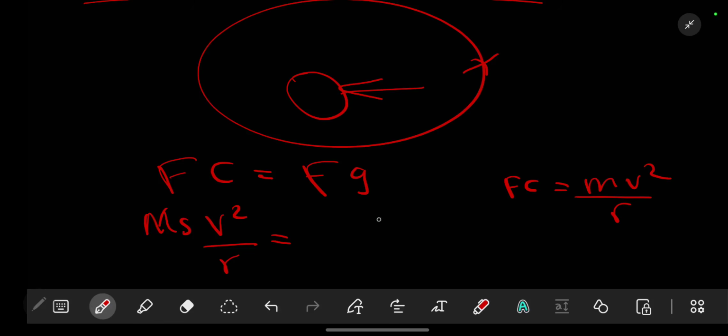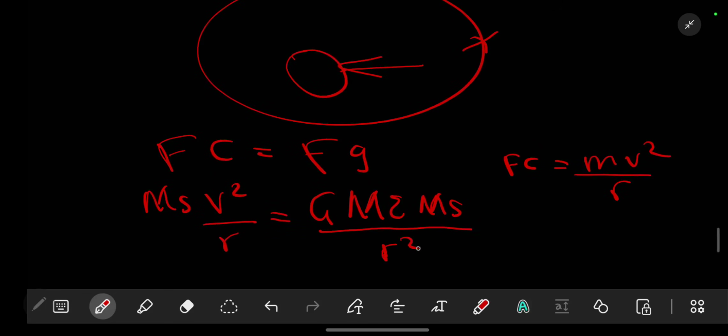Fg is given by G times mass 1, which in this case is the mass of the Earth, times the mass of the satellite, over r squared.